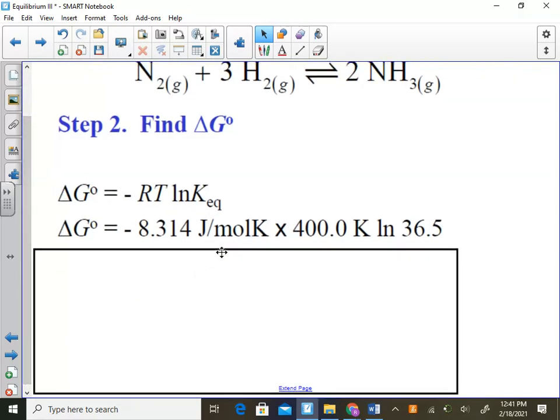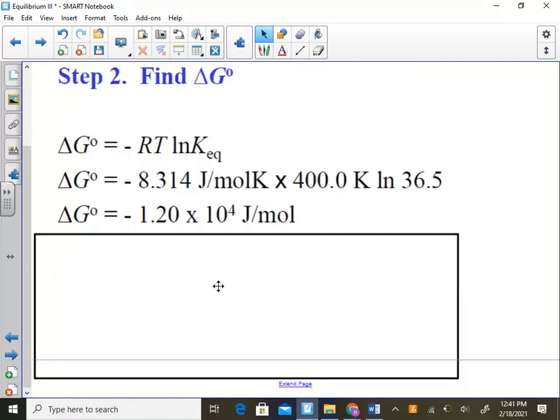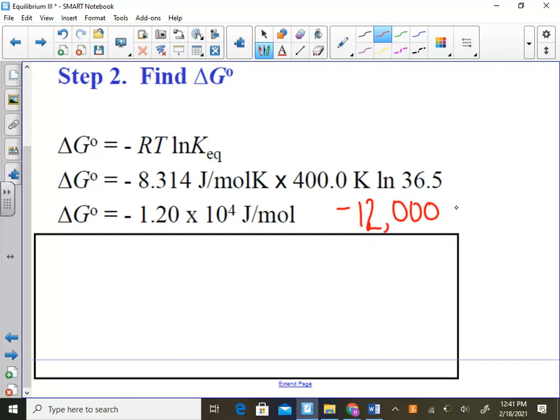And so when we calculate delta G, we get negative 1.2 times 10 to the 4th, or negative 12,000 joules per mole, or negative 12 kilojoules per mole.